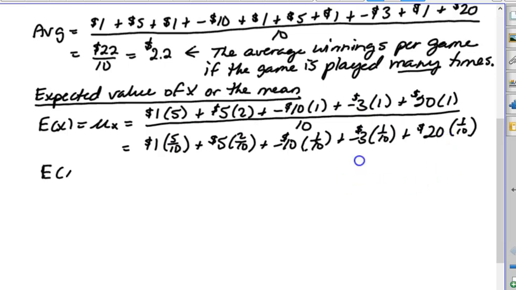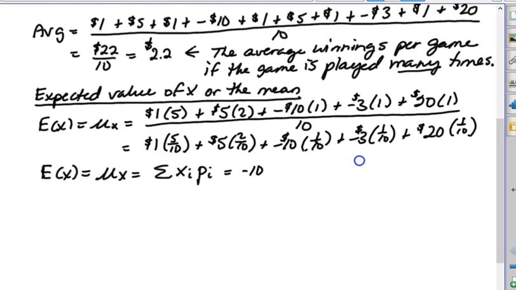We can symbolize this using the formula for expected value: the sum of all of the possible outcomes times their probabilities. So when we would do this for this particular problem, it would look like this. And using our chart up above, I'm going to do it in that order.